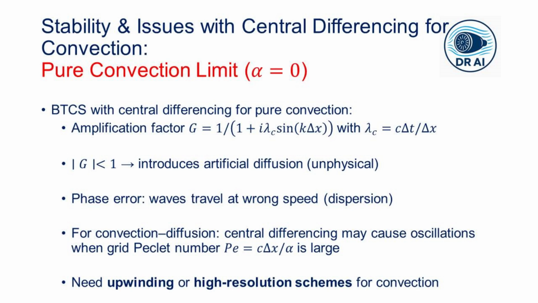In the presence of both convection and diffusion, the stability condition becomes more complex, but generally the scheme remains stable for all lambda and lambda c. However, the centered space approximation for convection can lead to unphysical oscillations when the grid Peclet number is very large. This is a known issue. Central differencing for convection is only stable if the diffusion is strong enough to damp out the oscillations.